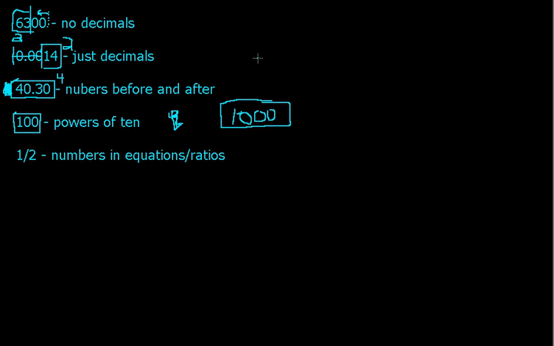For numbers in equations and ratios and things like that, for instance, the average of 2 numbers is you add them together and you divide by 2, right? Well, that 2 has sort of an infinite number of significant digits, because there is no human error. We're not measuring anything to get that 2.